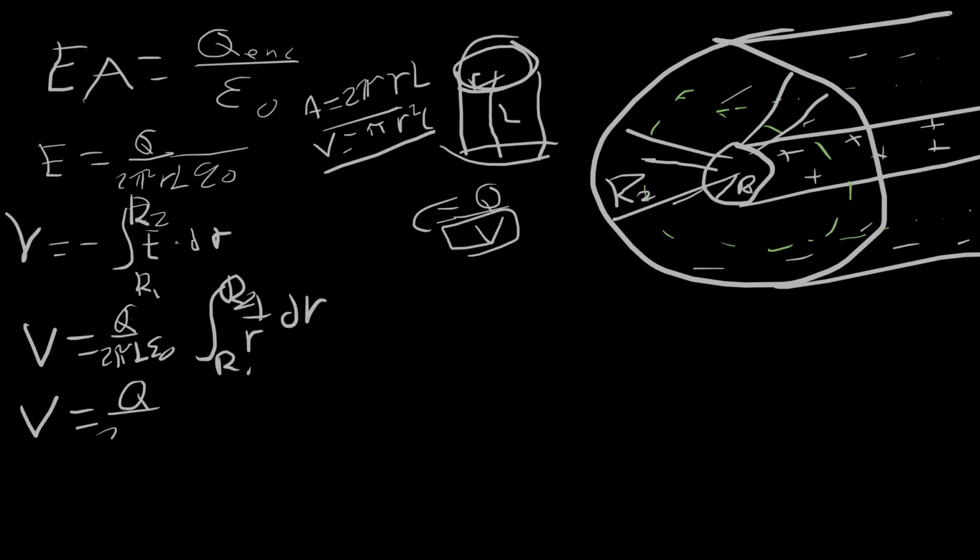So that's going to leave us with Q over 2 pi L times our space constant times ln of r1 divided by r2, because ln of r1 minus ln of r2 is just that fraction if you want to combine them.